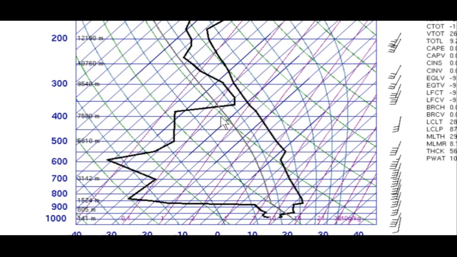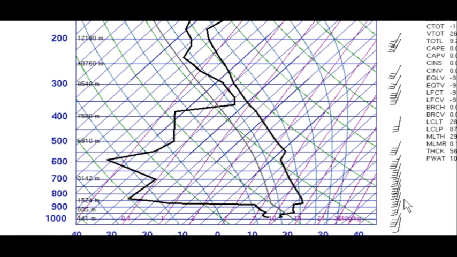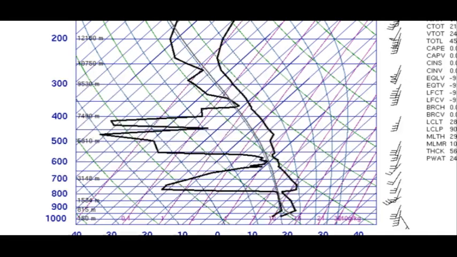Looks even drier, plenty of mid-level dry air, but you can see that southerly flow there, 40 to 45 knots, pretty deep. So that's bringing moisture advection into the plains. May not have the moisture itself, but the moisture advection is definitely in place. And there you can see 30 knots right there at Norman. And then at Fort Worth.